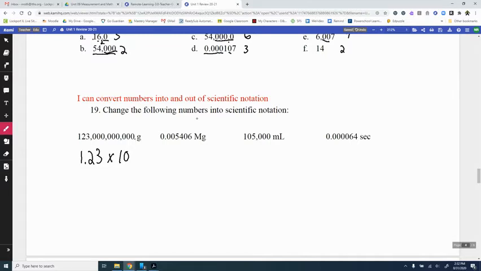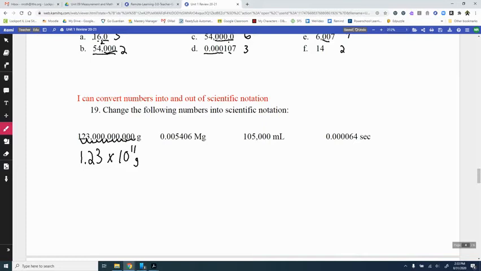Here's where the decimal is right now, and we have to move it until it's there. 1, 2, 3, 4, 5, 6, 7, 8, 9, 10, 11. So we moved it 11 places, which means it's times 10 to the 11th grams. Since this is a really big number, bigger than 1, this 11 is going to be a positive exponent, not a negative.